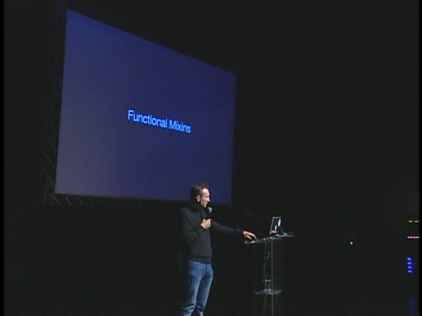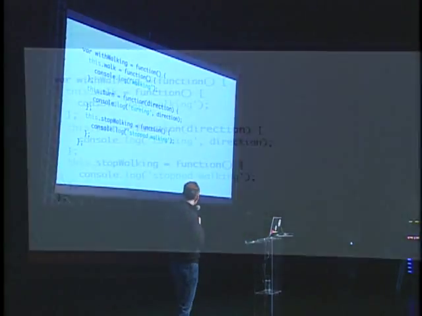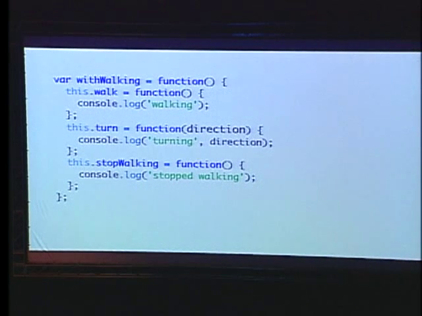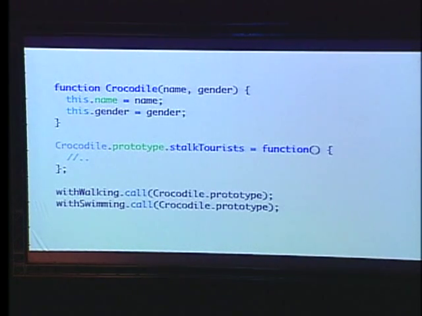So this is where functional mixins come in. Here's a functional mixin. Unlike the property copy mixin, which is an object, this is a function, and you call the function in the context of the target object. So this represents the target object that you want to mix into, and then to apply the mixin, you simply invoke that function.